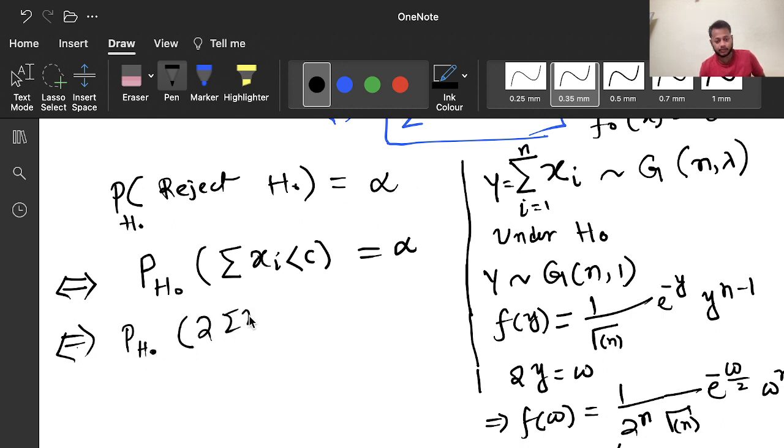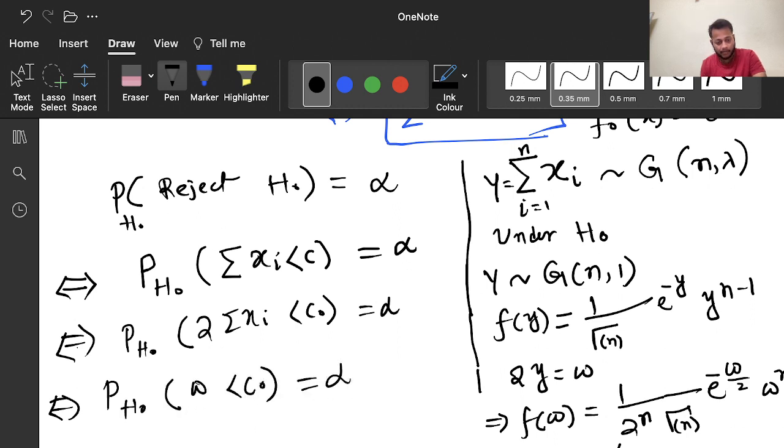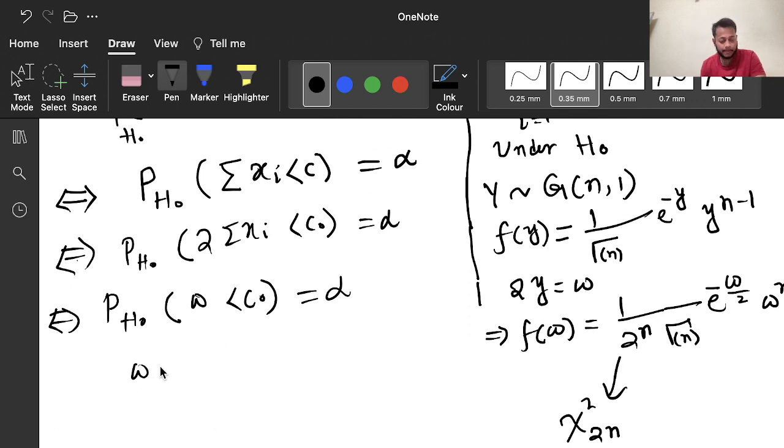So this is summation of xi less than some c naught is alpha, and you know 2y follows a chi-square distribution. Suppose this is w, so the probability under H0 that w is less than c0 is alpha, and we know w follows chi-square 2n distribution.